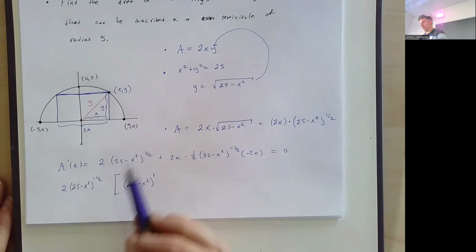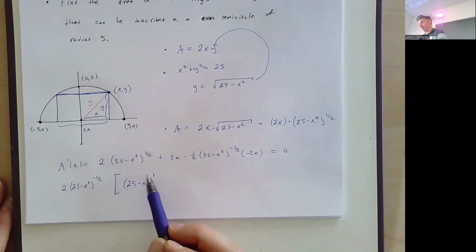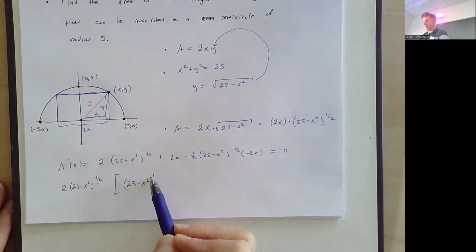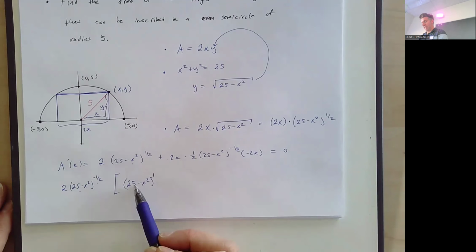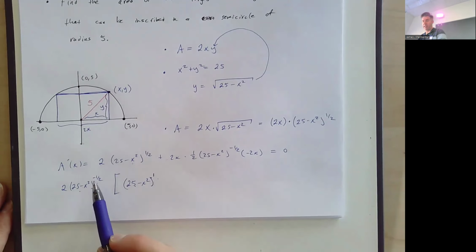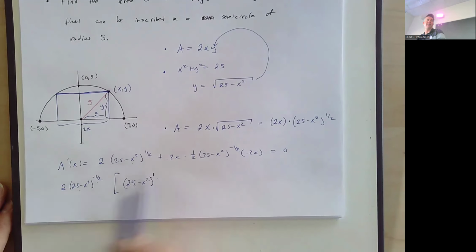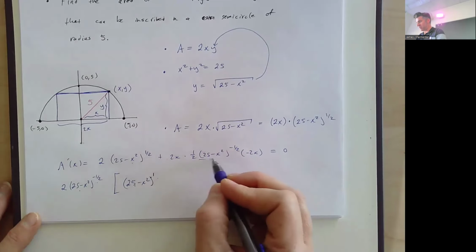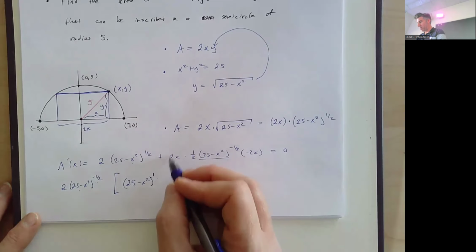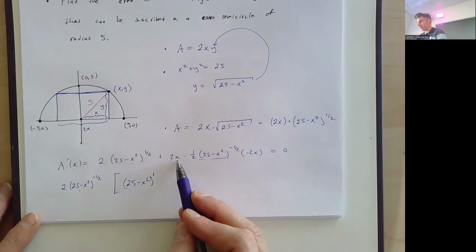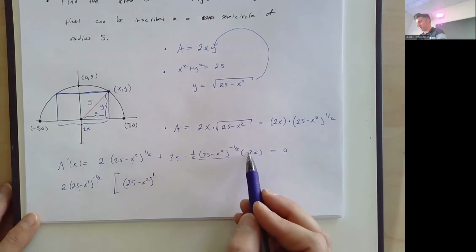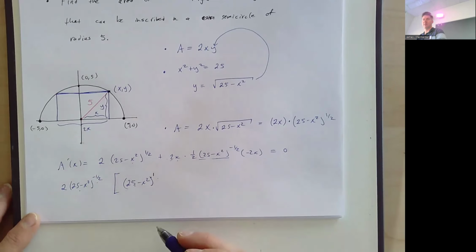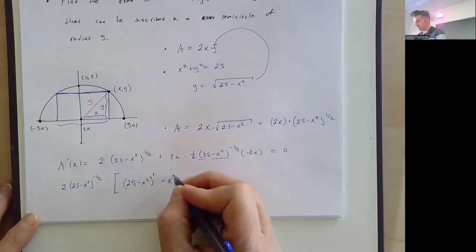You can either say 1/2 minus negative 1/2 leaves me with 1, but I think it's easier to think about it this way: if you multiply this back through, you would add those powers, and negative 1/2 plus 1 is positive 1/2. So it works out. From over here, I'm factoring out the (25 minus x squared) to the negative 1/2 and the 2. So I'm left with x times 1/2 times negative 2x. The 2's cancel, and I'm left with a minus x squared.